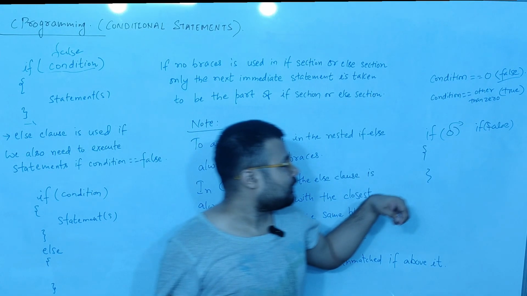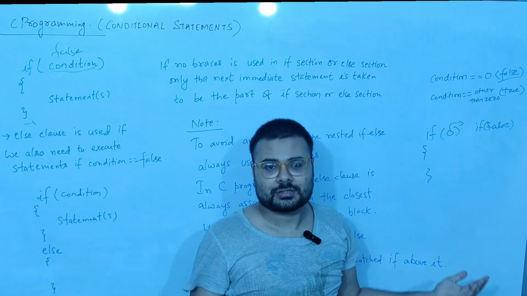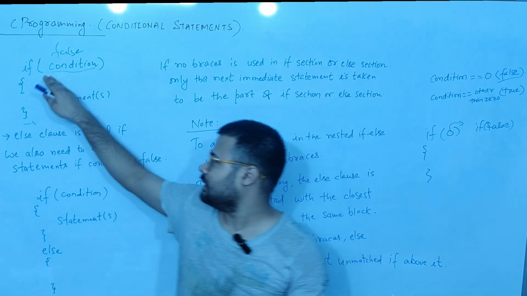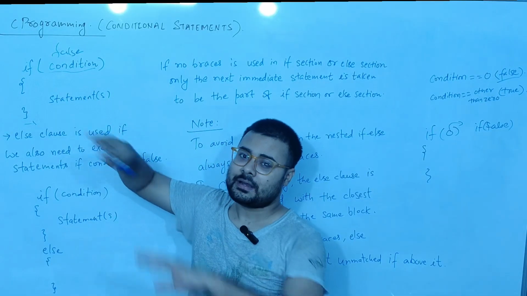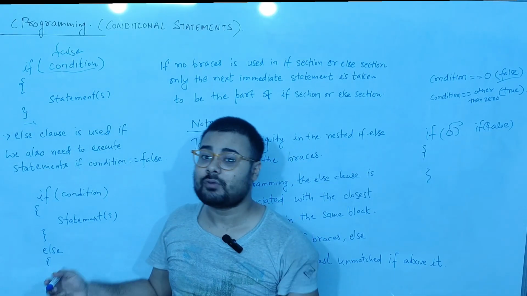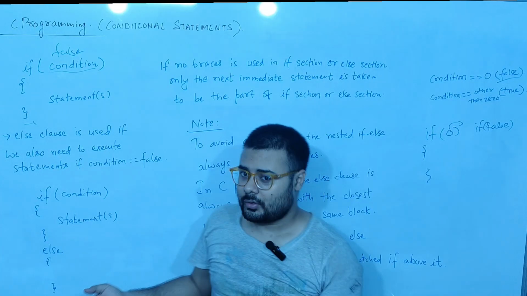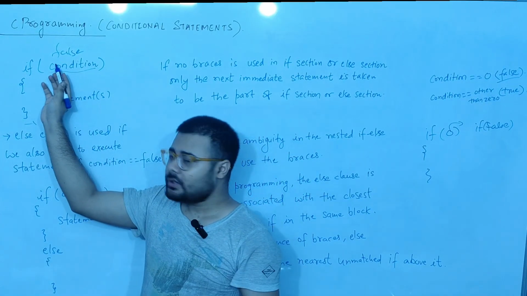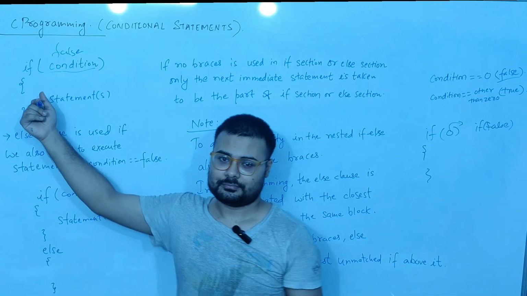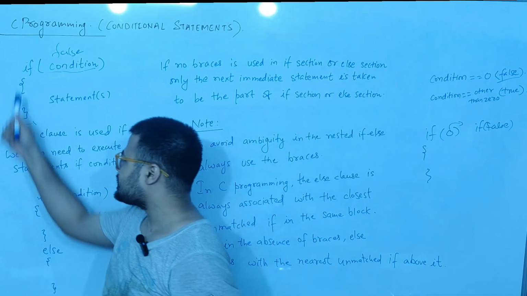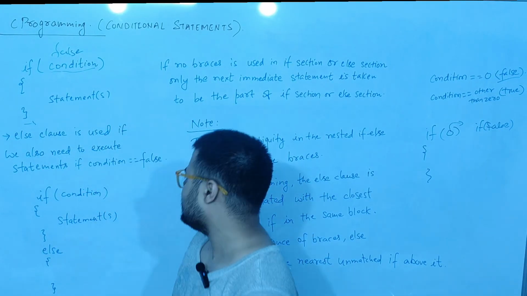And if you have false, then it will not be executed. If you have 0 here, or any expression evaluates to 0, it will be treated as though you have false here. So that's what the if statement is.